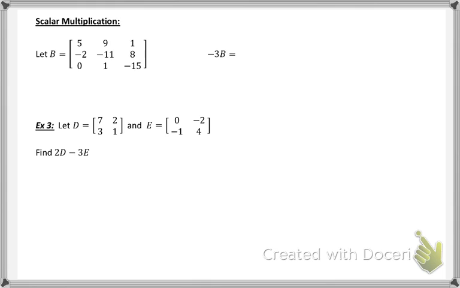So if, let's say, we have matrix B, which is a 3 by 3 matrix, 3 rows by 3 columns. Okay, and then if we want to find -3 times matrix B, we're going to have another 3 by 3 matrix.